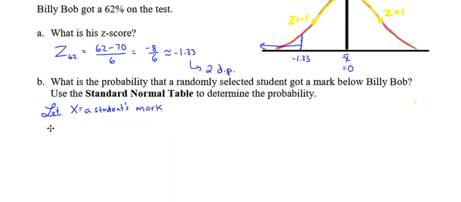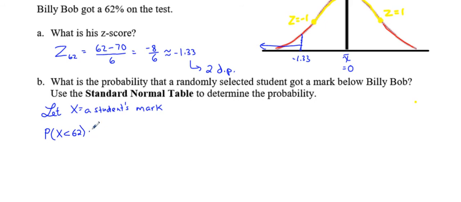So what we are looking for is the probability that a randomly selected student will get a mark less than Billy Bob's, which was 62.